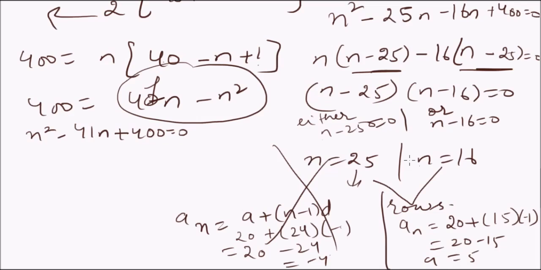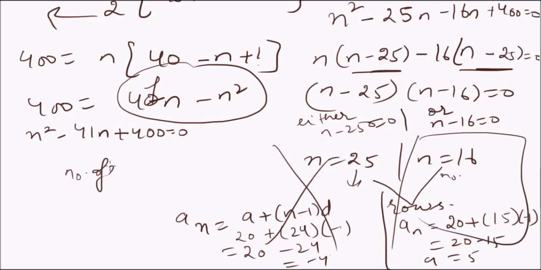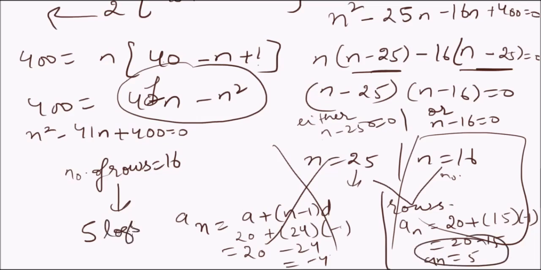So it is a little bit more realistic statement, and hence the number of rows is 16, and an was 5, so 5 logs or elements at the last row.